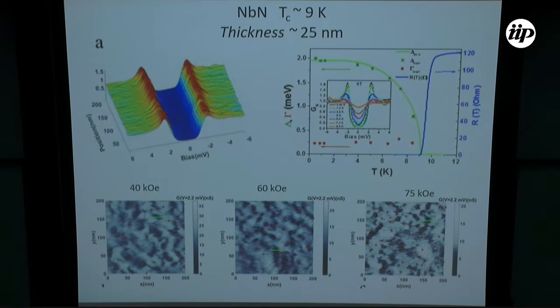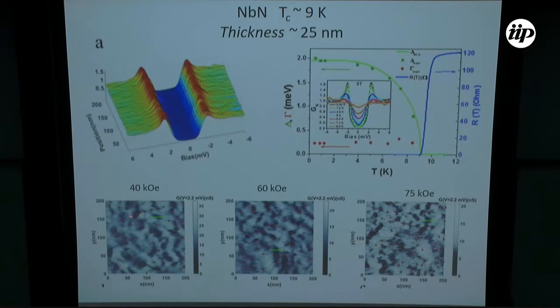So here, first of all, you don't see anything that looks like a regular vortex. And you have these patches, and what I have put here as dots is the minima. This is the conductance map at a bias close to the coherence peak.